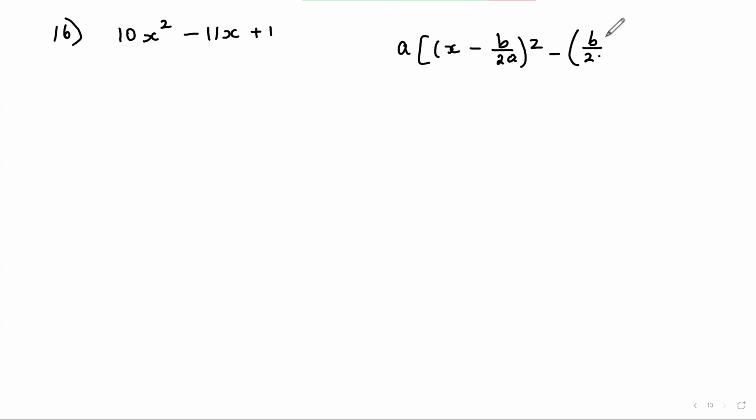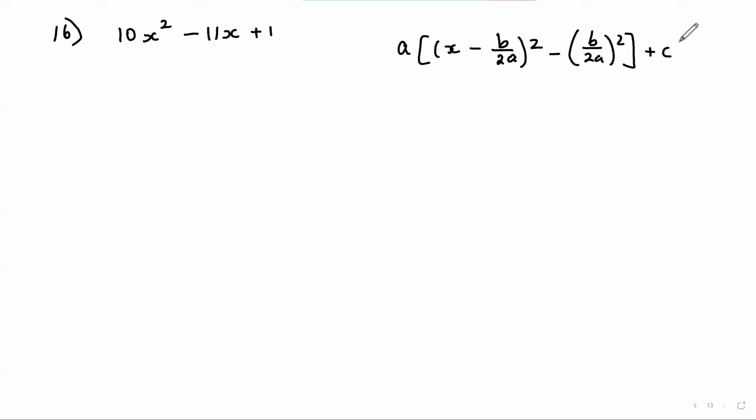I have 10x squared minus 11x plus 1, right? Remember, the first line would be a by x plus b, well, minus in this case, sorry, because it's minus over here, right? So it'll be a by x minus b over 2a squared, close brackets, plus c.